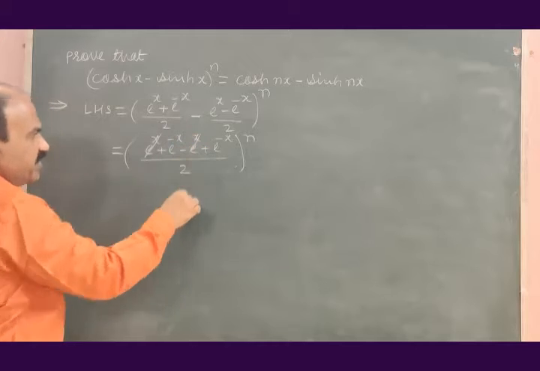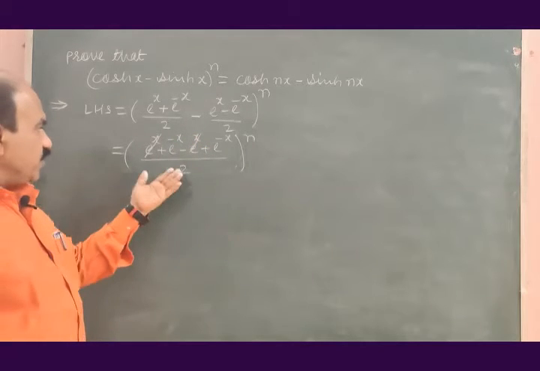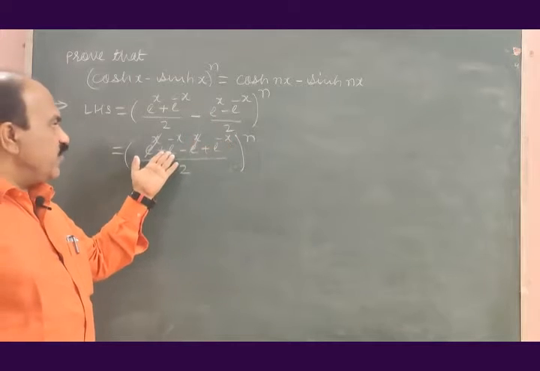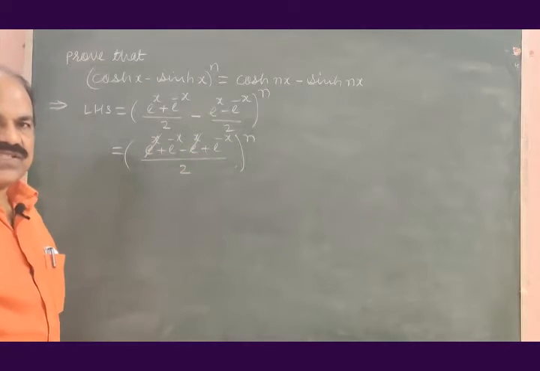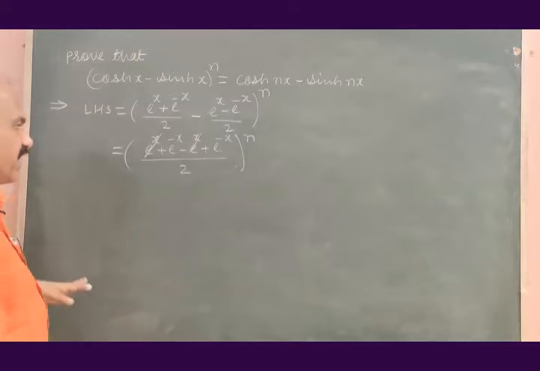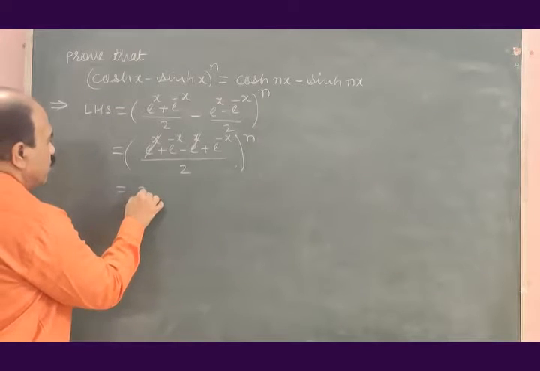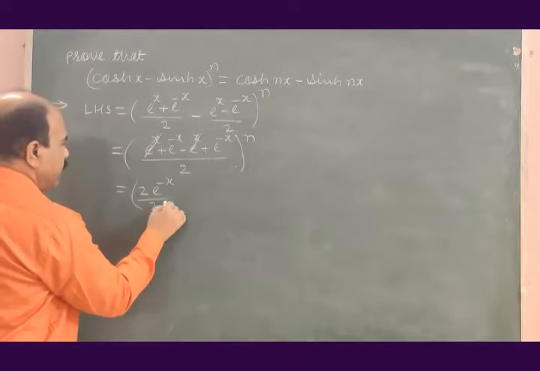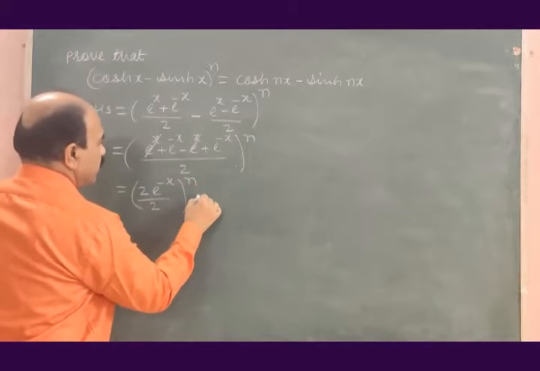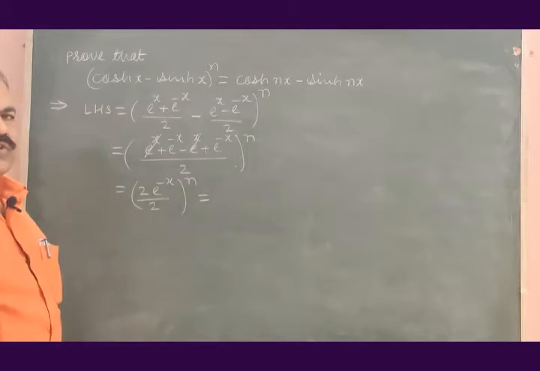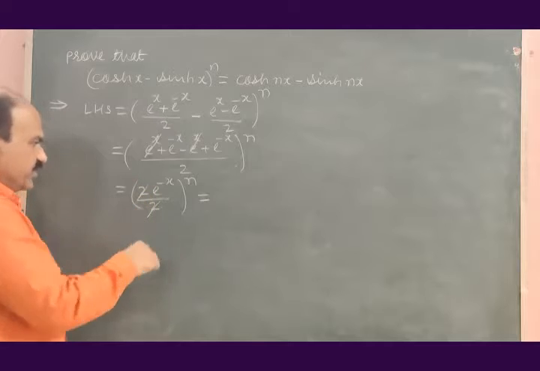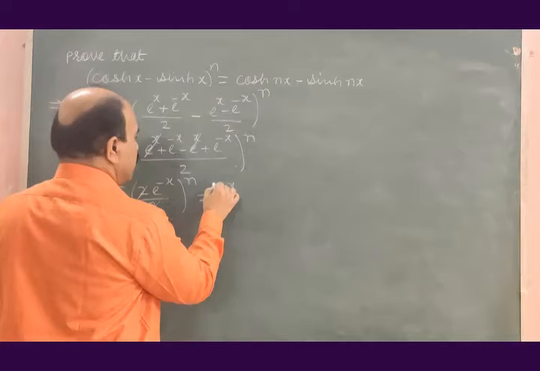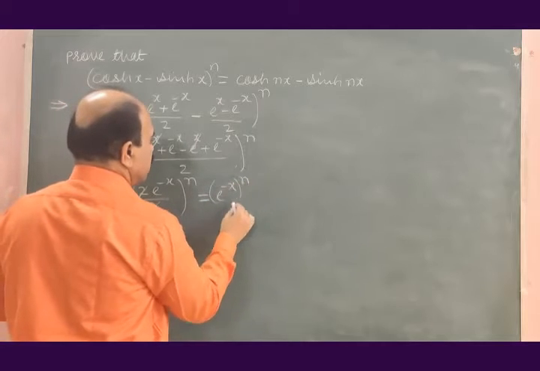These two vanish together, and next you have e to the power minus x, e to the power minus x. They will become 2 into e to the power minus x. So this is 2 into e to the power minus x divided by 2, bracket to the power n, that is equal to, these two get cancelled, and you simply have here e to the power minus x to the power n.